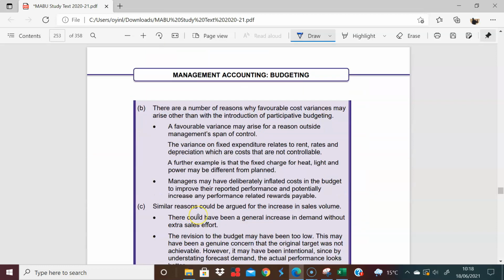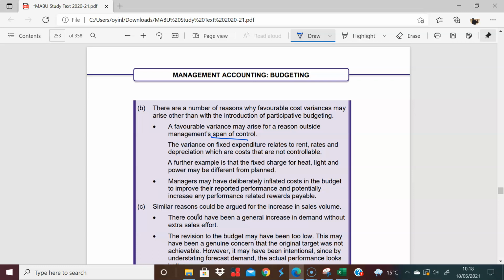Then, of course, it says here that there are a number of reasons for a favorable cost variance. The point really here is that things could have been better. So outside your control, we've seen examples of inflation, exchange rates, just an excess supply of the raw materials.